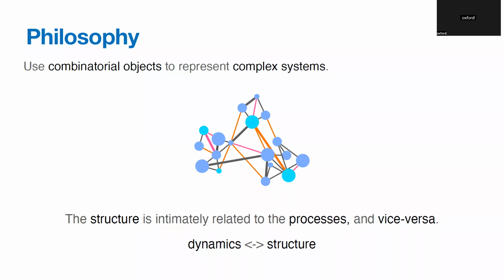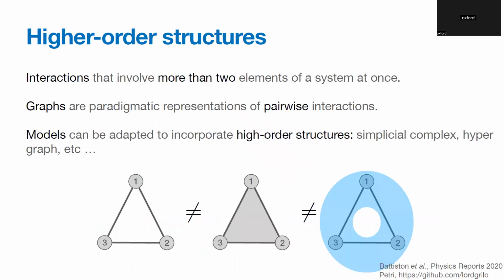One way to study the structure of a system is, of course, to try to represent it using combinatorial objects, such as graphs, hypergraphs, or simplicial complexes. Recently, there's been an increased interest in higher-order interactions and higher-order structures.